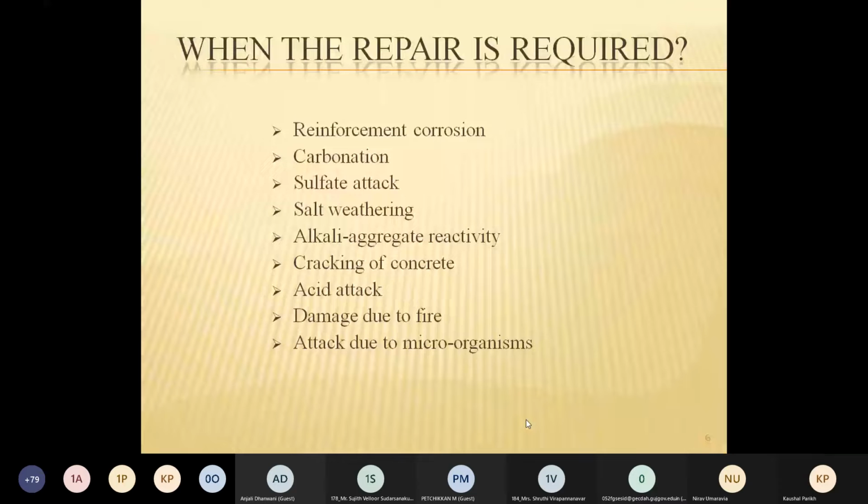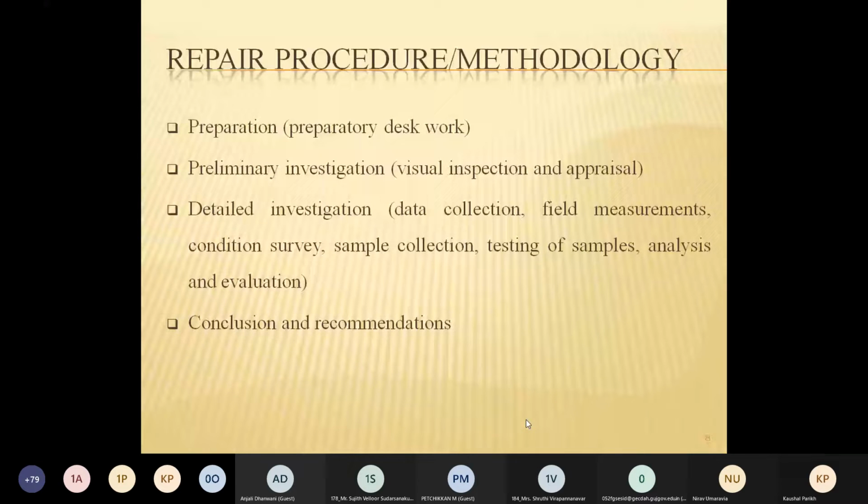Now, the repair procedure or methodology covers very vast conditions. The first is the preparation. For any repair procedure, we have to carry out a preliminary investigation. First of all, we have to make a detailed plan about the repair: where, when, and which kind of technique.